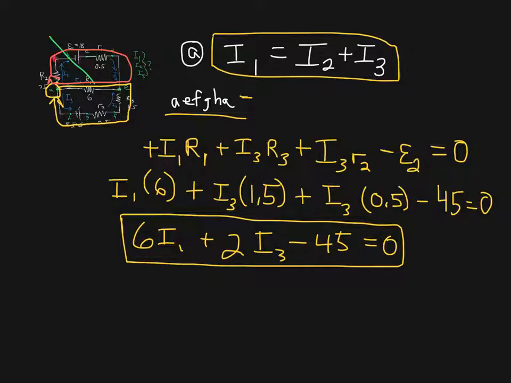So if I'm going the same direction as the current, what does that mean for any voltage change? Any voltage change has to be negative. So this is going to have to be a negative, whatever current is going through there. What is that current? That's I2 times resistor, that big R2.